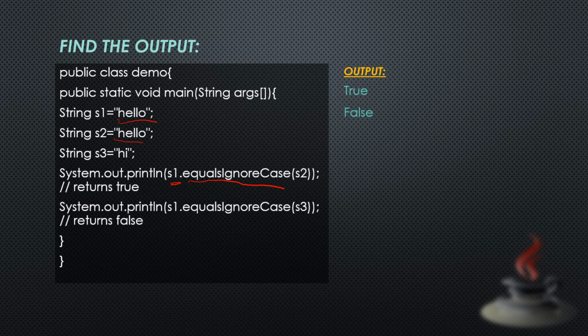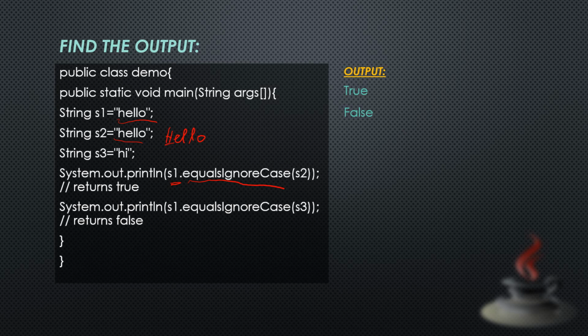So it will return true. If instead of this hello I am taking capital Hello, it also returns true. Why? Because of the ignore case. So the capital H, it ignores the case of your character.